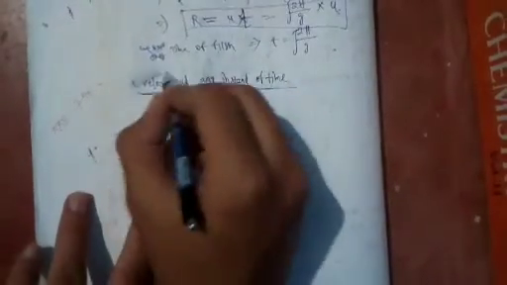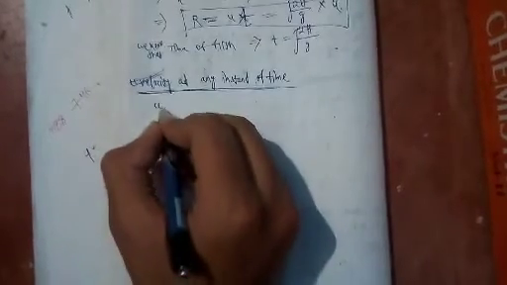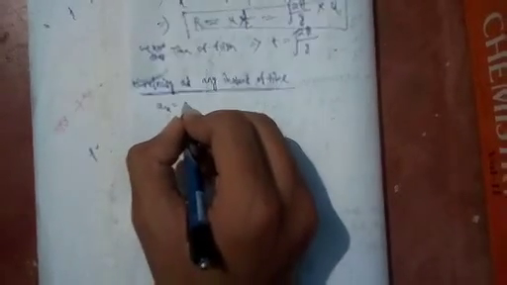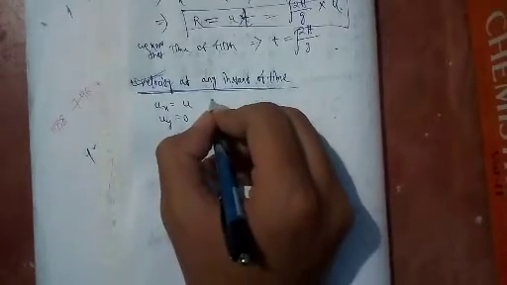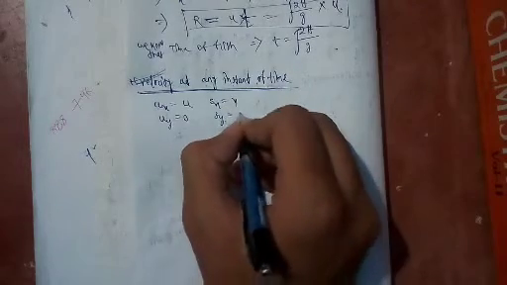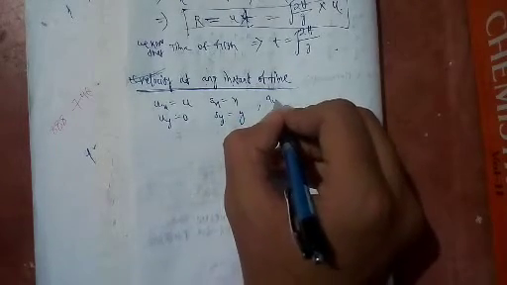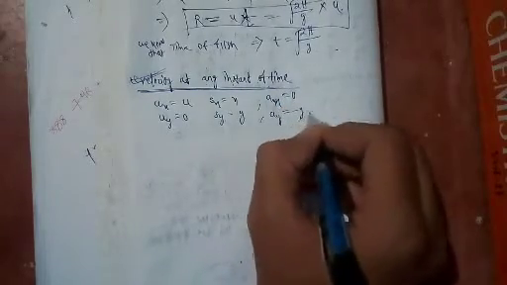Then come to the derivation of velocity at any instant of time. We know that the initial velocity in x direction is u, in y direction is 0; displacement in x direction is x, in y direction is y; acceleration in x direction is 0, acceleration in y direction is minus g.